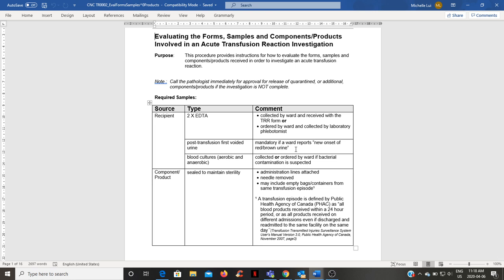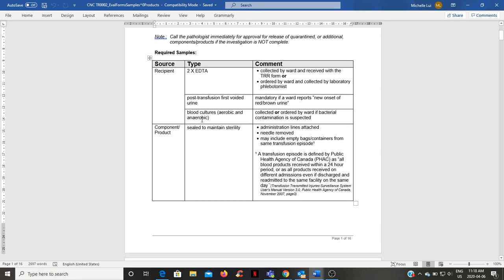It doesn't hurt to do it and to look at it, but it's technically not mandatory. Blood cultures would only be done if bacterial contamination is suspected. So let's see if we catch upon one of those triggers.